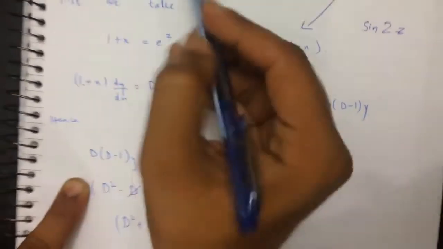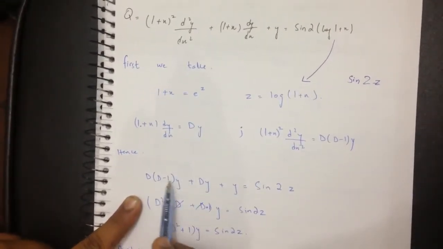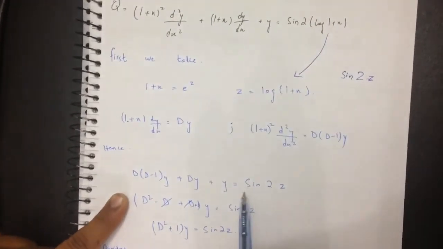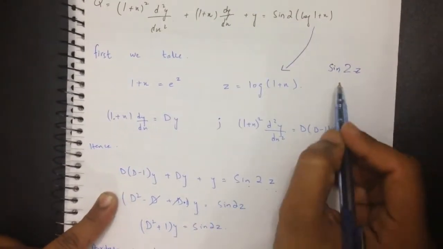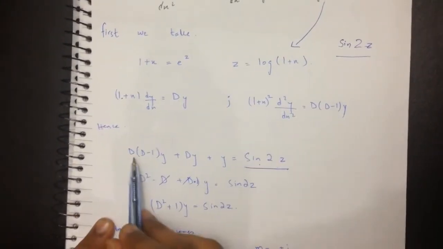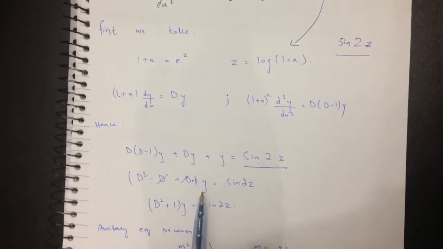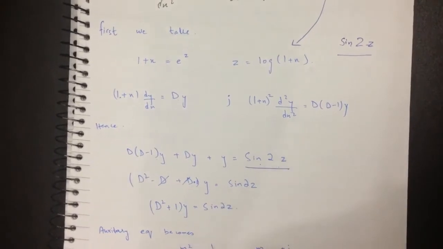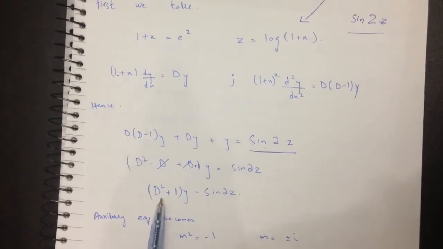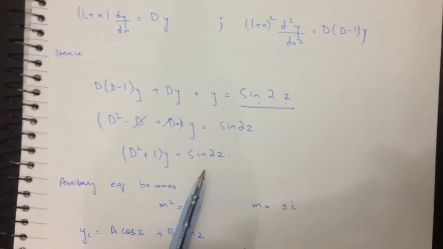We replace this as shown here: D(D - 1) y plus D y plus y. y was already in this equation, equals sin 2z. Sin 2z we got from here. Then we solve this equation and we get (D^2 - D + D + 1) y equals sin 2z. The D cancels out with this D, and then we have the final equation (D^2 + 1) y equals sin 2z.